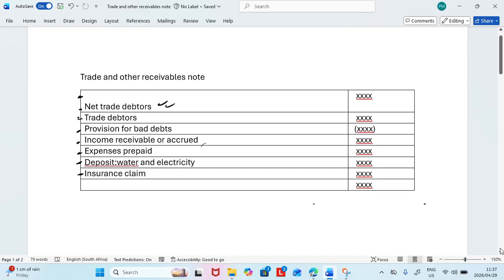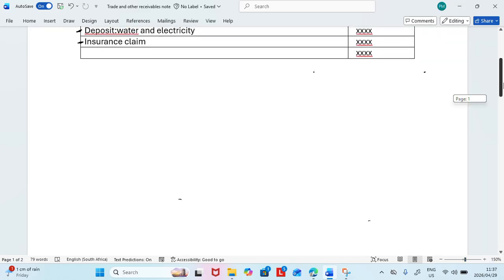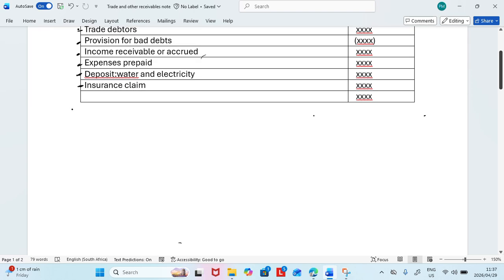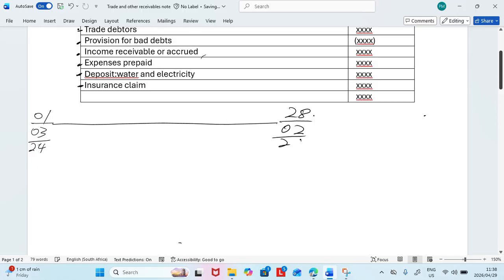So let's try to use this Word file. So we know that our year starts on the 1st of 03, March 2024. Our year end is on the 28th of 02, 2025. What do we know?